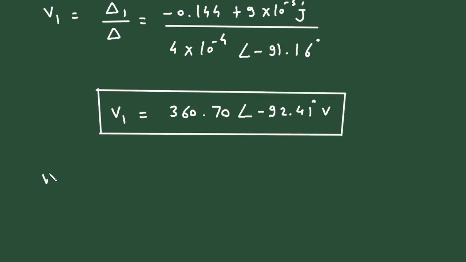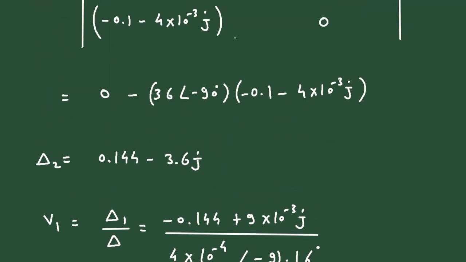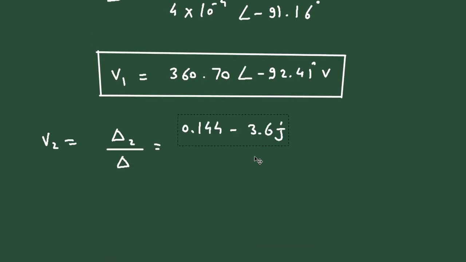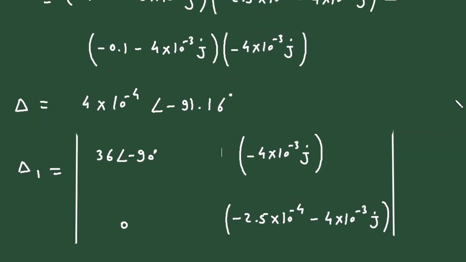Then for V2, V2 is equal to delta 2 divided by delta. Now this is the value of delta 2, divided by the value of delta.